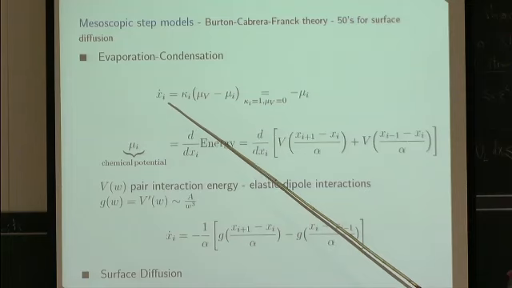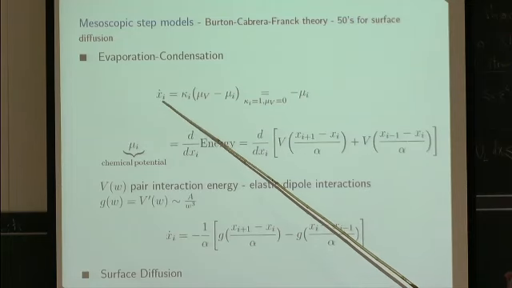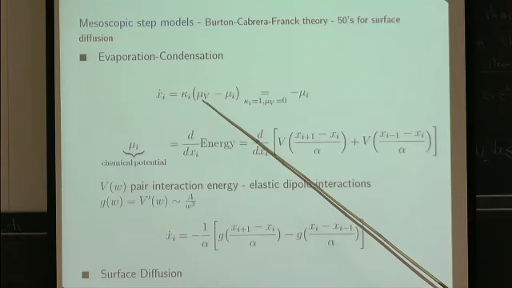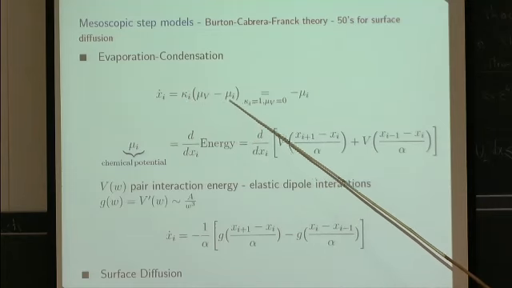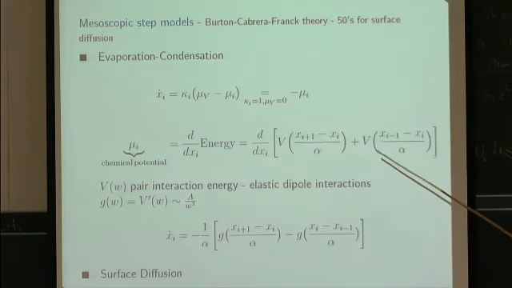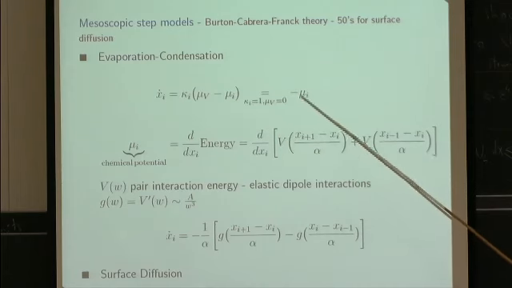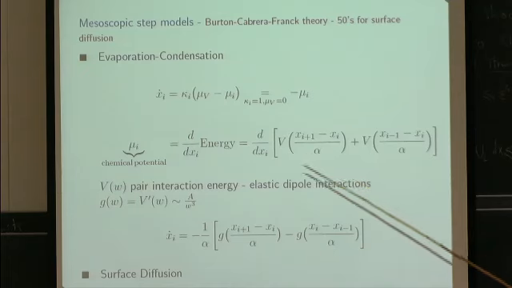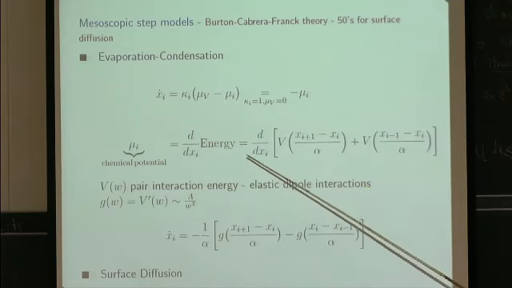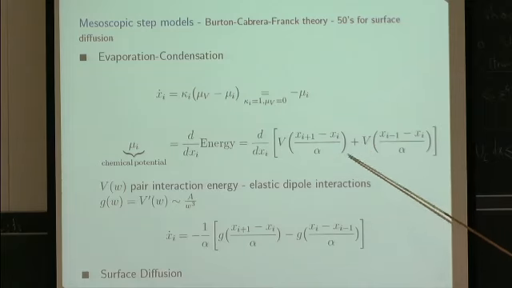So in the evaporation condensation model, according to this theory, you have that x_i dot is given by the difference of chemical potential of the vapor with the chemical potential of the ith step. And if you normalize things, it would be like minus mu_i, where mu_i is like a chemical potential, which is like a force, right? So the chemical potential will be given like the derivative of the total energy of the steps.